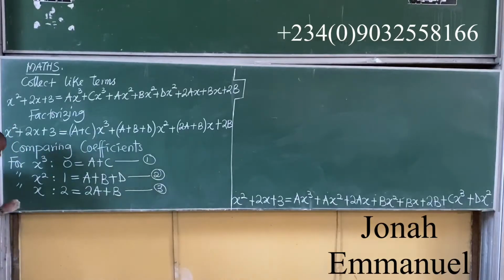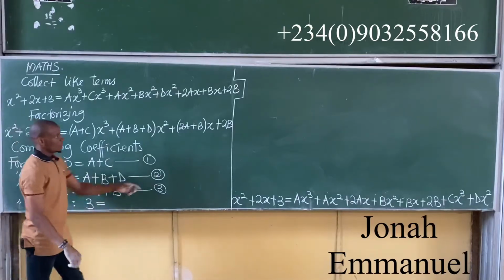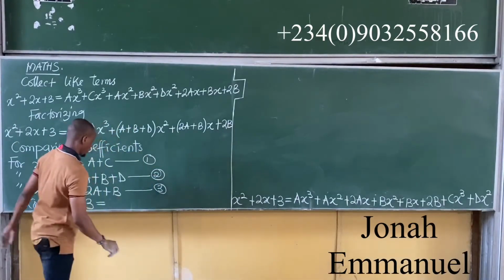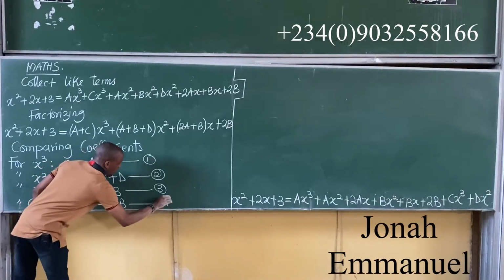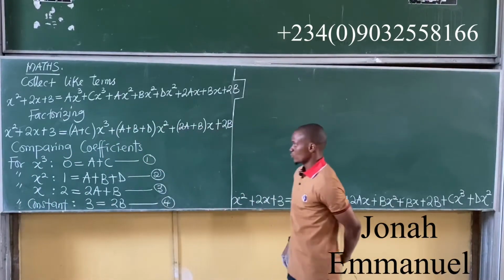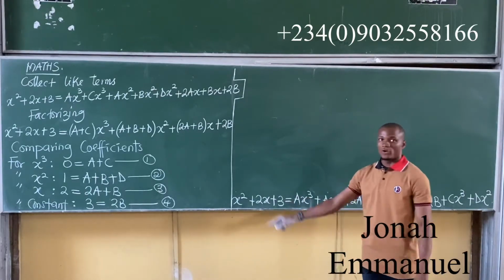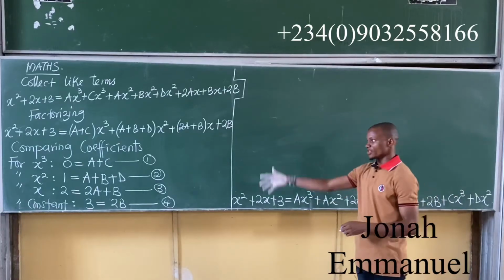Finally, for the constant term, what I have here is 3, so 3 is equal to 2b. Call this equation 4. So I have equations 1, 2, 3, and 4. We have to get the values of a, b, c, d from these 4 equations.